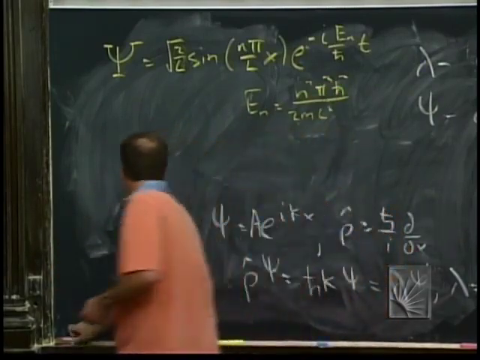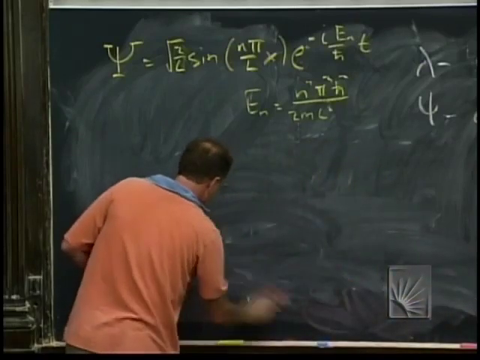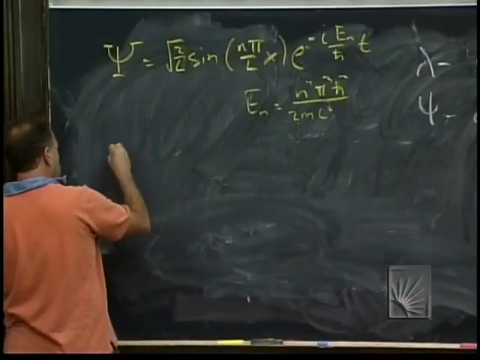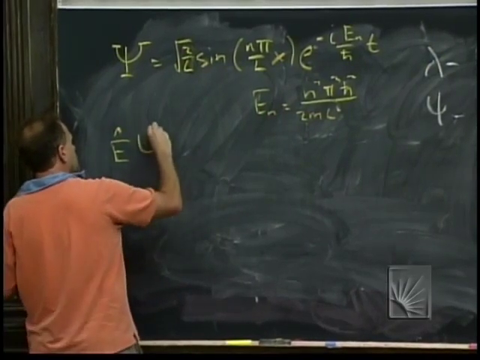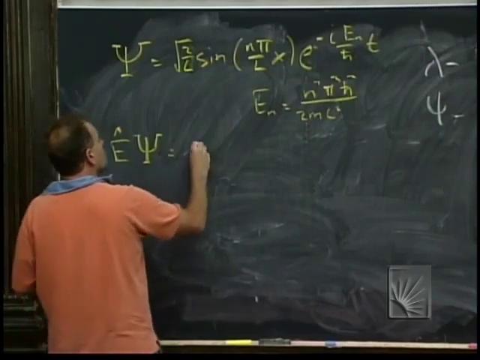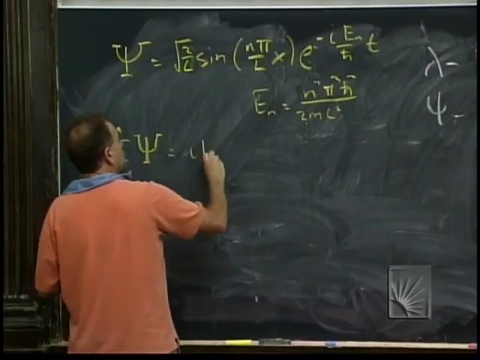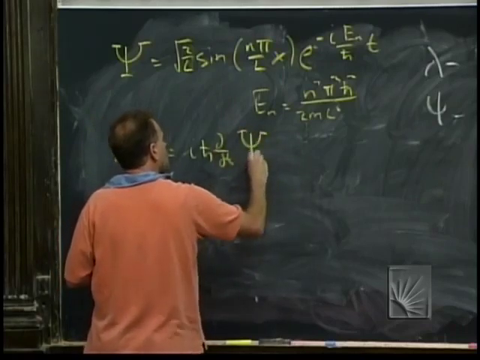So if I ask about the energy eigenfunction, I'm asking, what is E of capital psi, which is i h bar d by dt of psi?